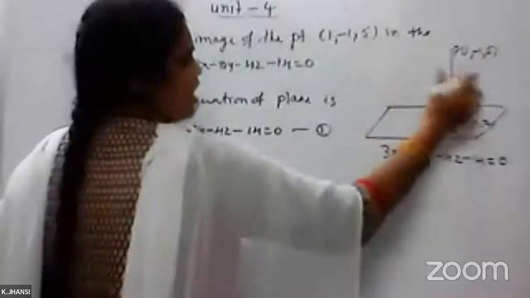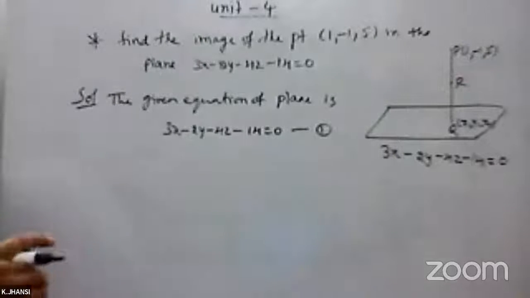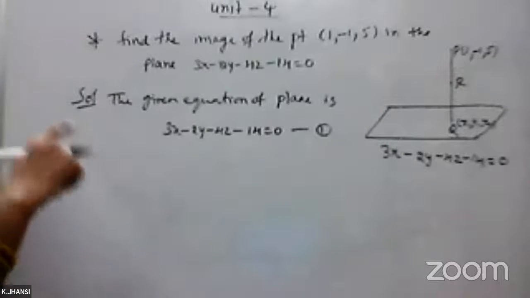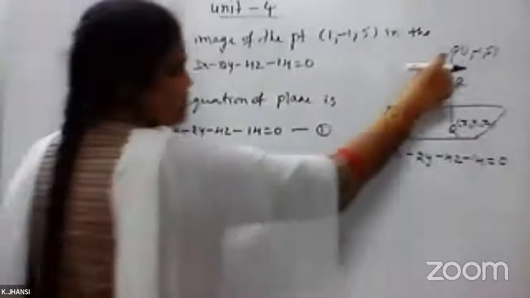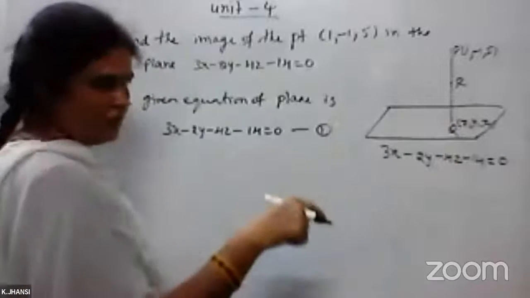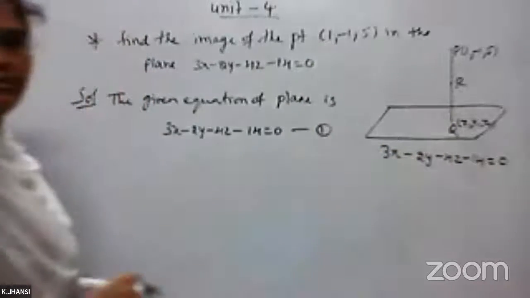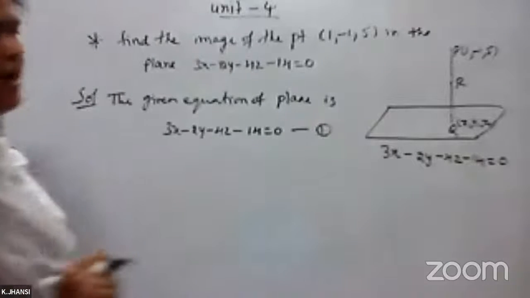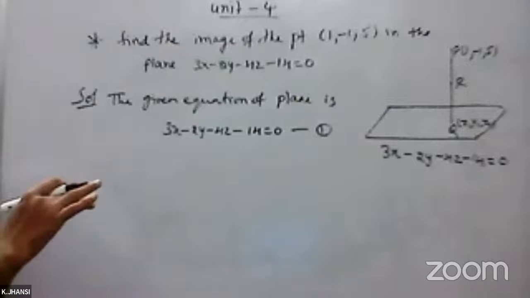To find R, the midpoint, and when you equate the midpoint with P, you will get Q. So the image of P is Q. We have to find the image of P, that is the Q value, with respect to the plane 3x - 2y - 4z - 14 = 0. Okay, this is the concept of the problem.